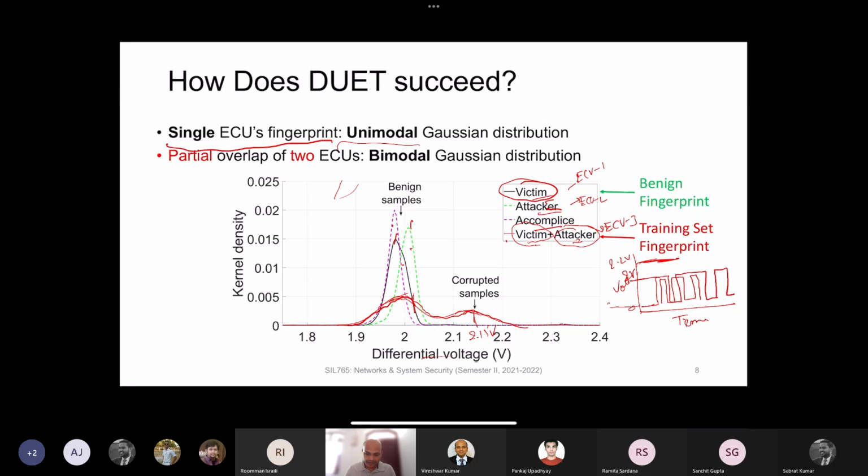Now we move to the next step, where this is the training set fingerprint. When the victim was sending, the attacker started transmitting, and what the intrusion detection system learned was a malicious fingerprint of the victim.